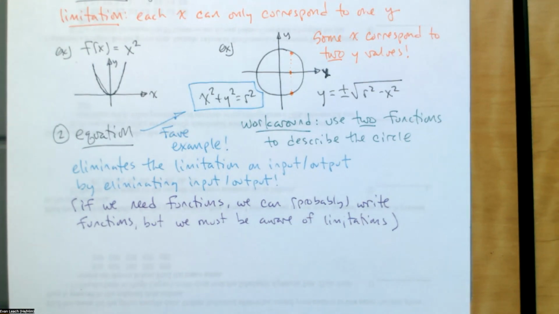And even roots lead to this plus or minus business because even powers don't create one-to-one functions. Because even powers make negatives positive. So in the case of x squared, 2 squared is 4, but also negative 2 squared is 4. So if I say, where did this 4 come from? We don't know. We can't go back to where we started.